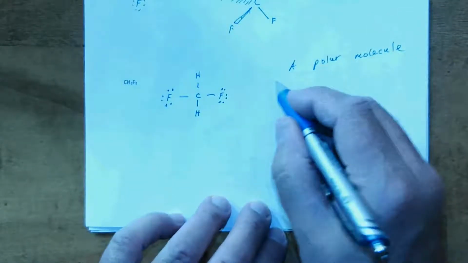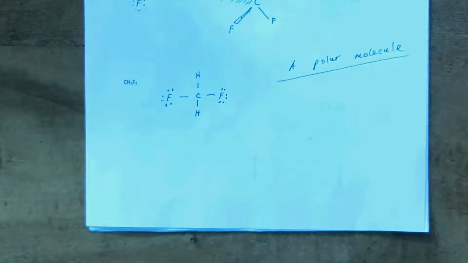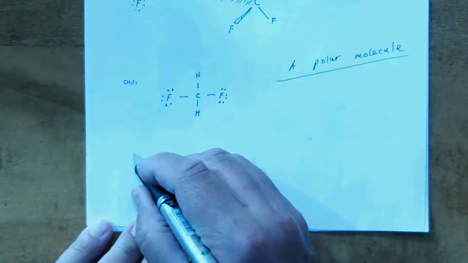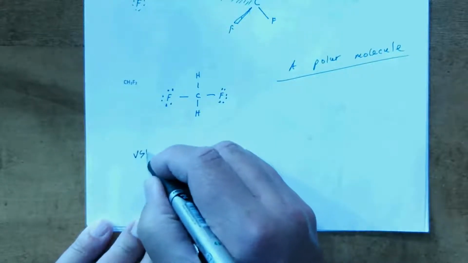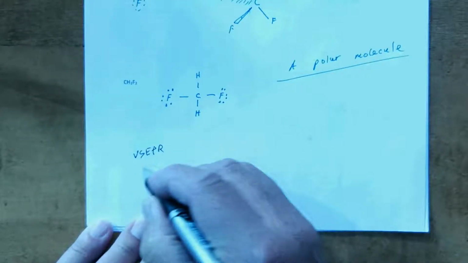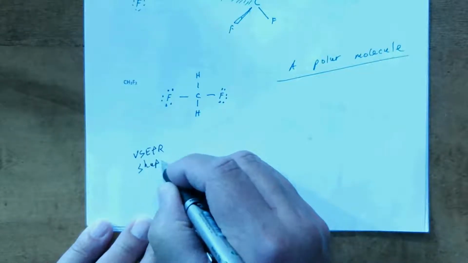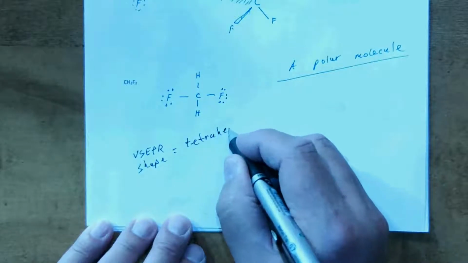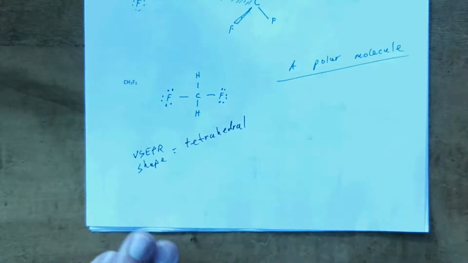Now, why is it polar? Oh, what did we forget to do? Apply VSEPR theory. If you look at the VSEPR shape here, the valence shell electron pair repulsion shape, it's tetrahedral. It's not flat.